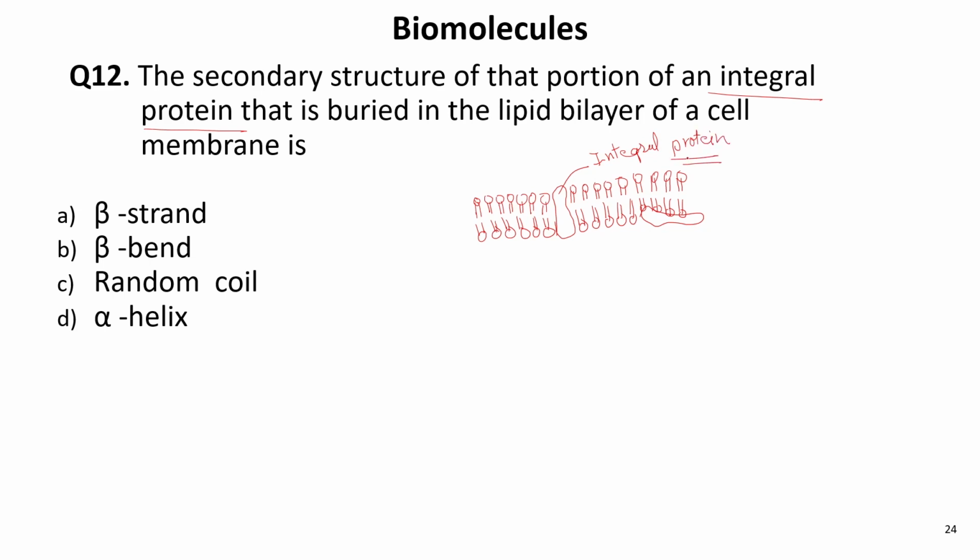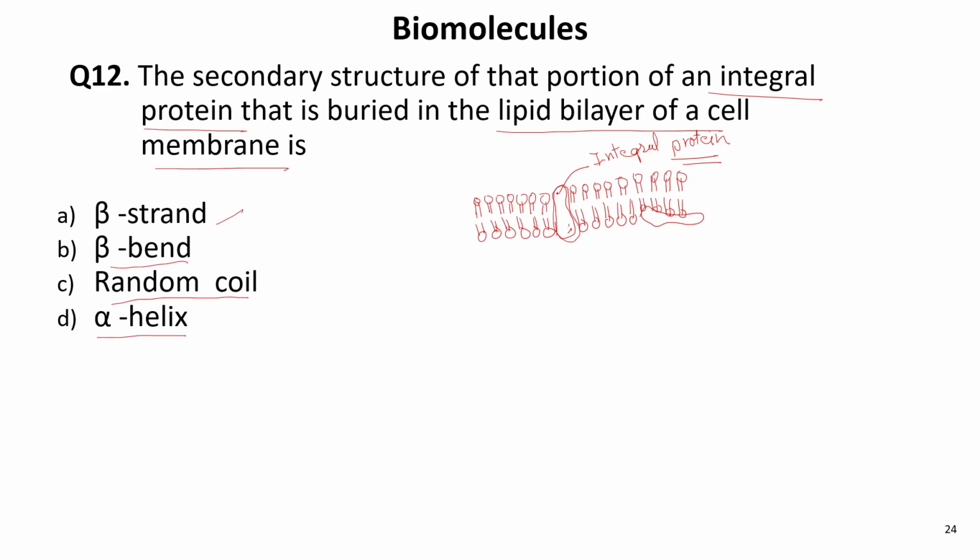So coming to the question, the secondary structure. Now we are talking about this protein's secondary structure. The secondary structure of an integral protein that is buried in the lipid bilayer of a cell membrane is. So what type of structure are they having? The options are beta strand, beta bend, random coil, or alpha helix.